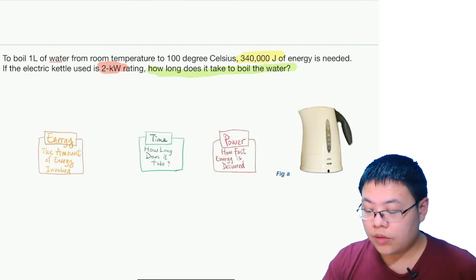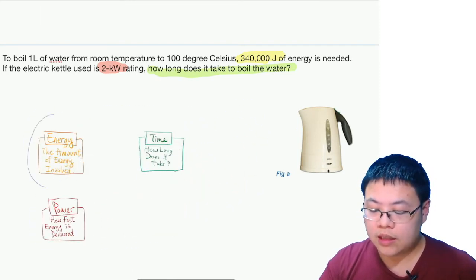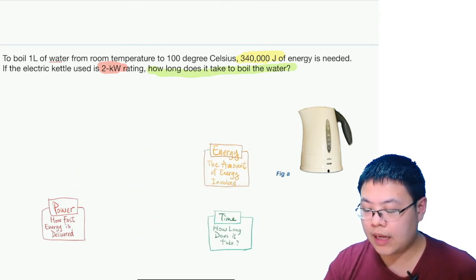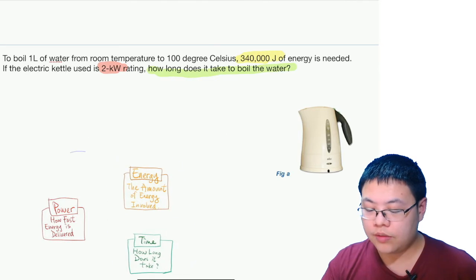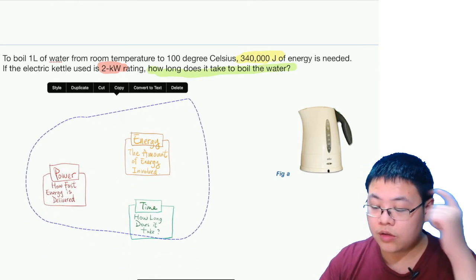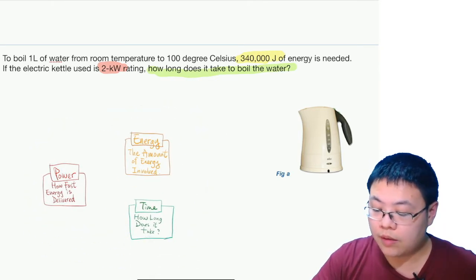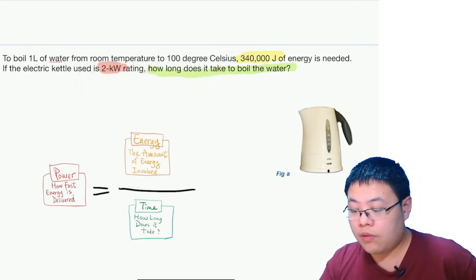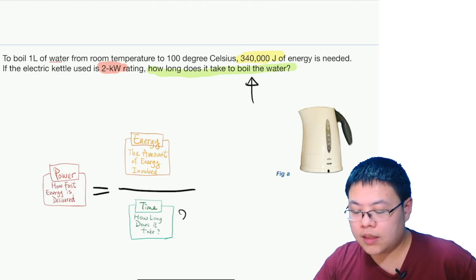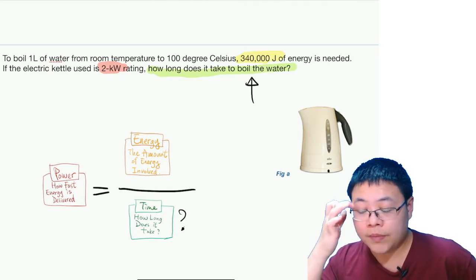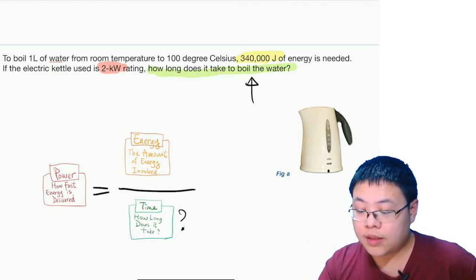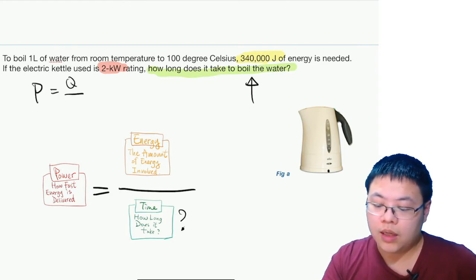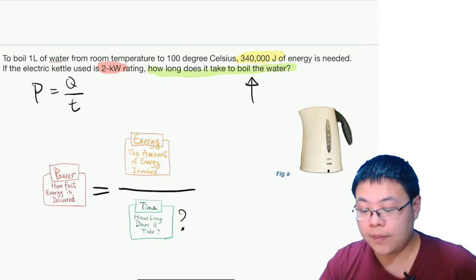Okay, so power is equal to energy divided by time. Okay, you have this relationship in your mind. You are very familiar with it right now. But this time, the question asks, what is the time? So first step is power equals heat divided by time.